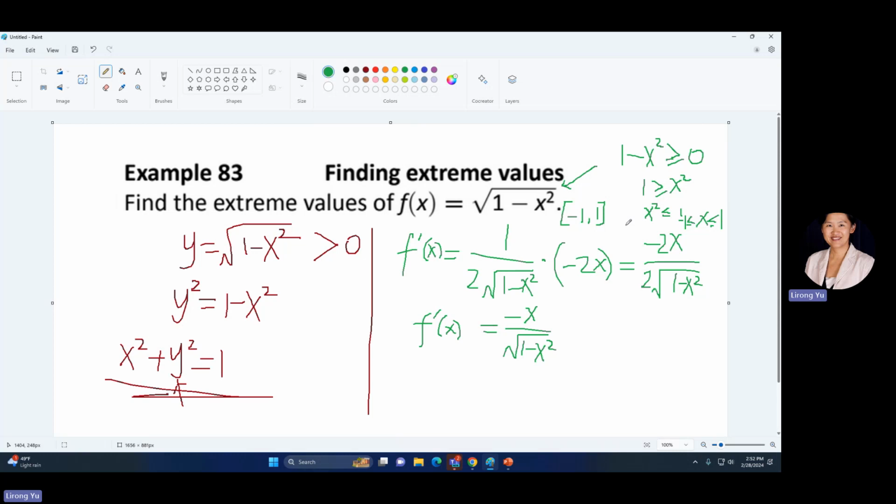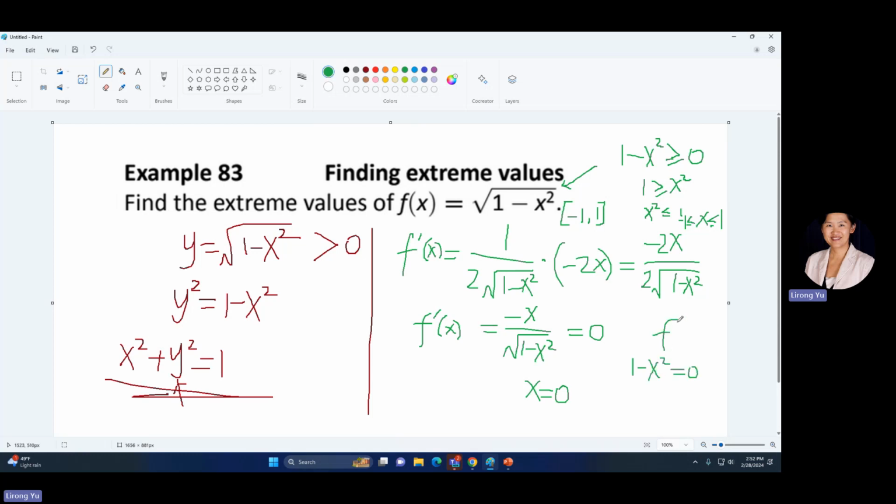When finding the critical points, we look for the points where this derivative is equal to 0 or undefined. If it is equal to 0, a fraction can only equal 0 if x equals 0. That's the only critical point of that kind. If it is undefined, the denominator will be 0. If the denominator equals 0, then 1 minus x squared equals 0.